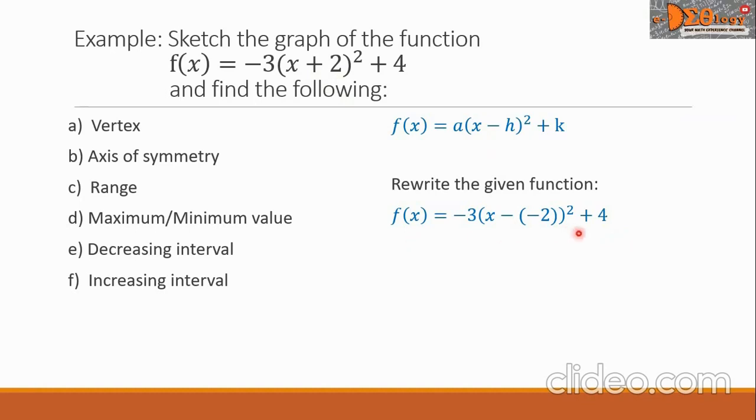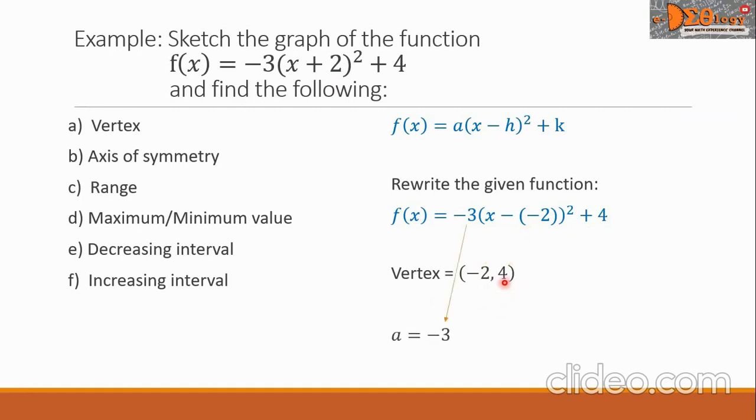And from here, we're going to collect now the vertex, or the h, k values. So this negative 2 is the h and the positive 4 is the k. Therefore, the vertex has the ordered pair negative 2, 4.